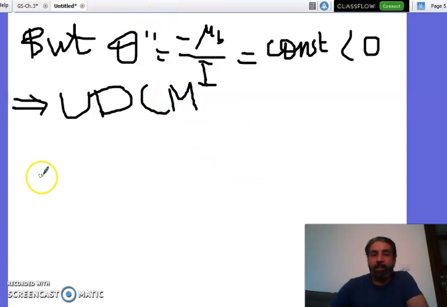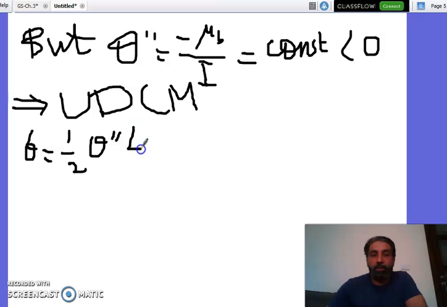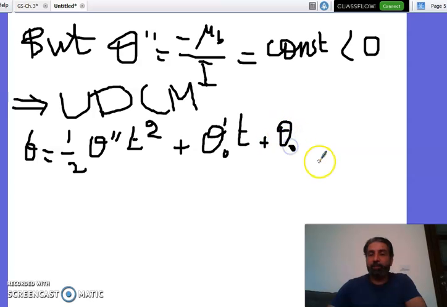So I can apply this rule. In this case, theta equal half theta double prime t squared plus theta prime 0 t plus theta 0. Okay, you can put theta 0 as 0, as an initial abscissa 0, or you can say here delta theta.